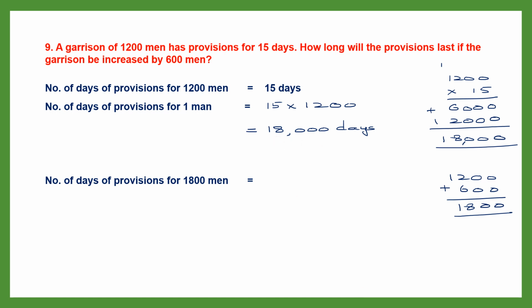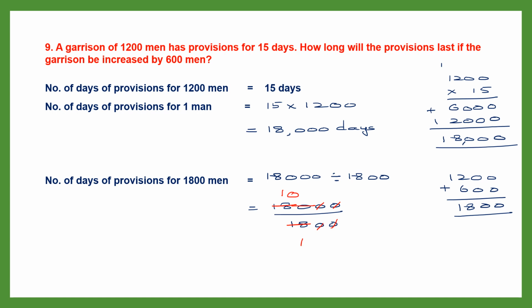Let's divide 18,000 by 1,800. So let's put it in the form of a fraction. So always when you put it in the form of a fraction, it becomes easier because we can cancel a lot of things. Okay, so here let's cancel what we can. There are two zeros, cancel two zeros. 180 divided by 18. 18 ones are 18, here also 18 ones are 18 and 0. 18 tens are 180.